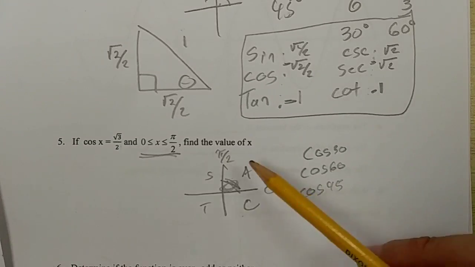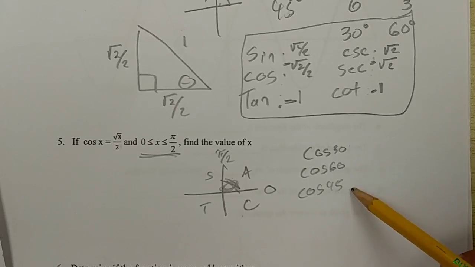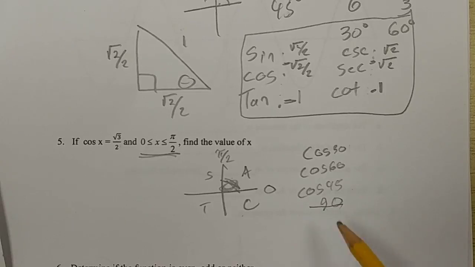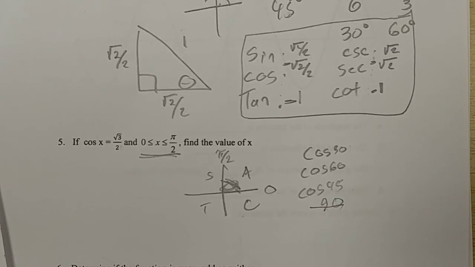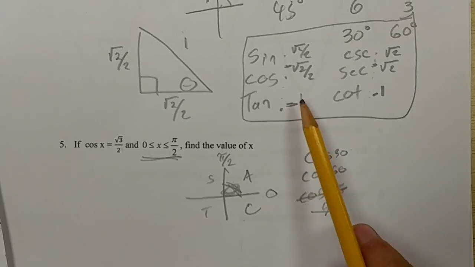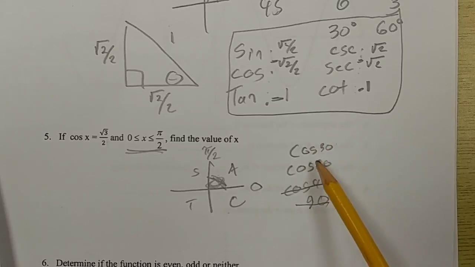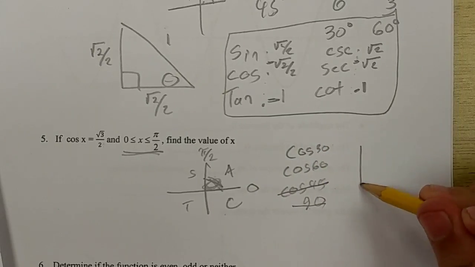Now in the multiple choice question, 100% I'm going to put 30, 60, 45, and probably my fourth option would be 90. You could cross out 90 right away, because 90s are whole numbers, so it's going to be either 1 or 0. 45, no. We just looked over here.